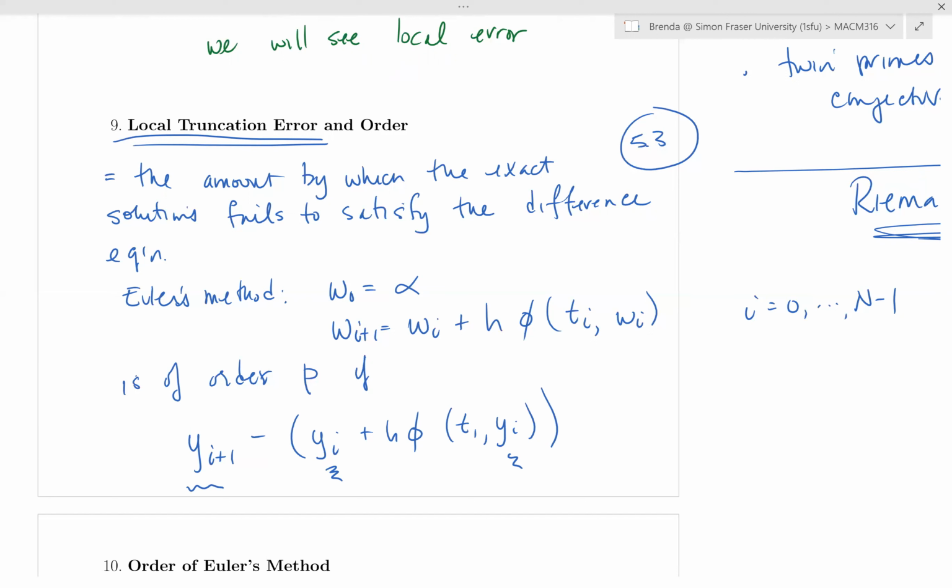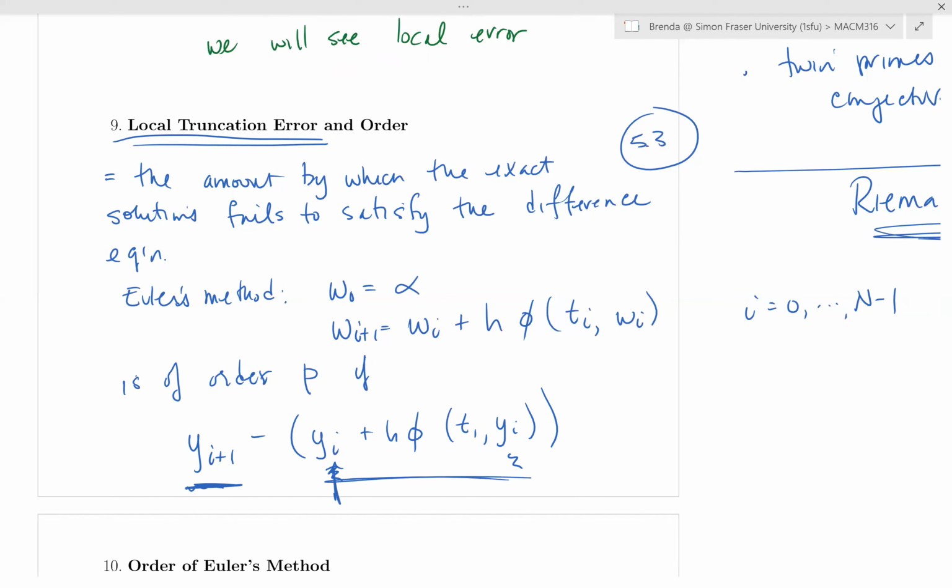You see what's different about this? We're not subtracting y_{i+1} minus w_{i+1}. We're subtracting the exact solution at time i plus 1, and from that we're subtracting the calculation we would make, but we're using the exact solution at time i. This is why it's a local error.